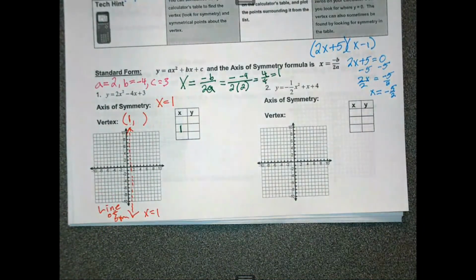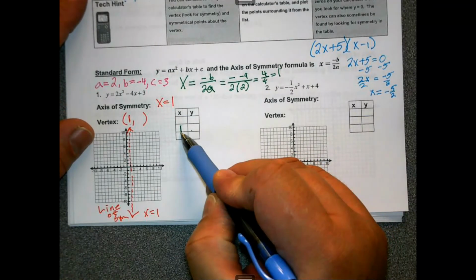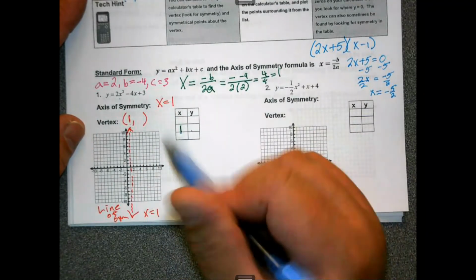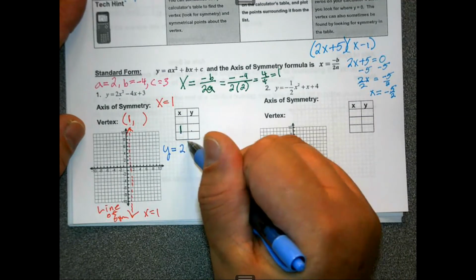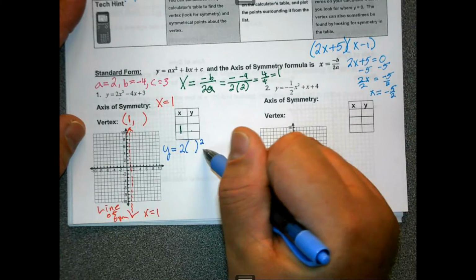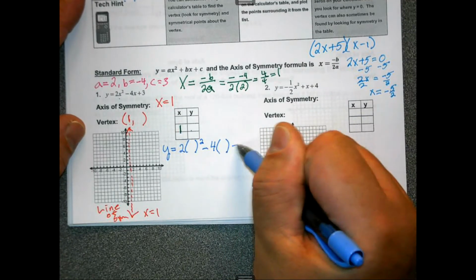Okay, now I need to find the Y value of the vertex. Well, I know what the X value is, so I'm going to substitute the X value back into the original equation. I have Y equals 2, and I'm going to substitute in 1 for the X, squared, minus 4 times the substitution for the X, plus 3.